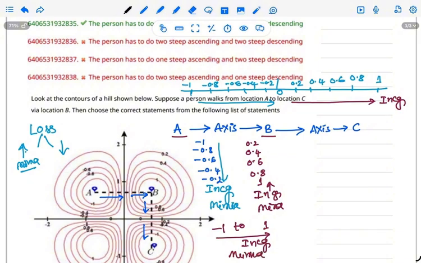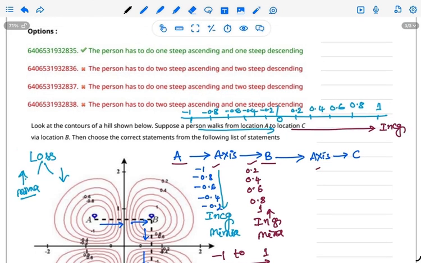This is a complete one step only. If these are increasing and these are decreasing, then next these are increasing and these are decreasing, that means these are two steps. Consider here from -1 to 1, these values are increasing only. So because of that there is one step.